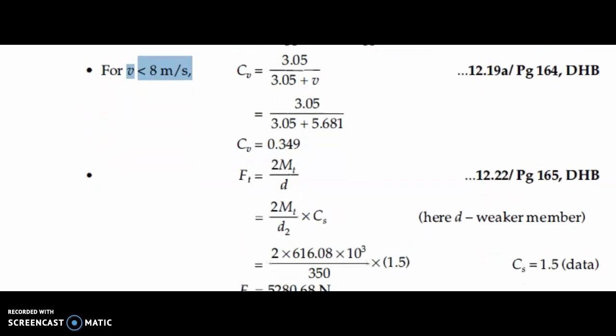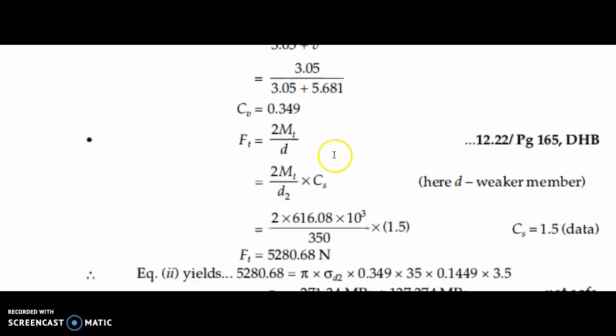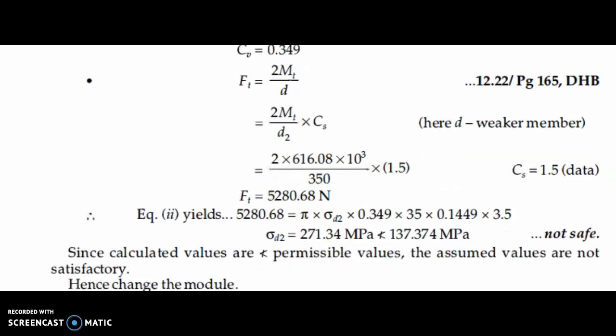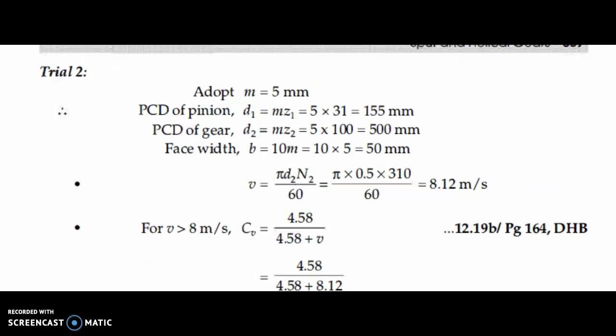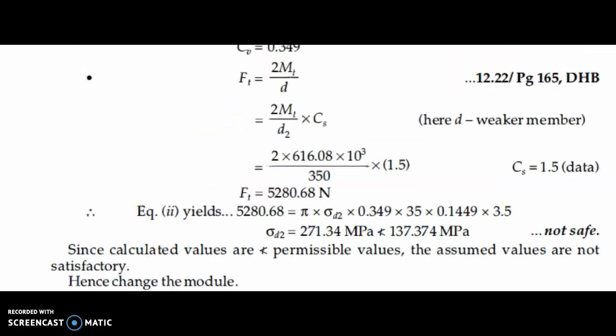Then Ft is equal to 2 Mt divided by d. Here we use the service factor Cs, and using that equation we find the value of Ft.